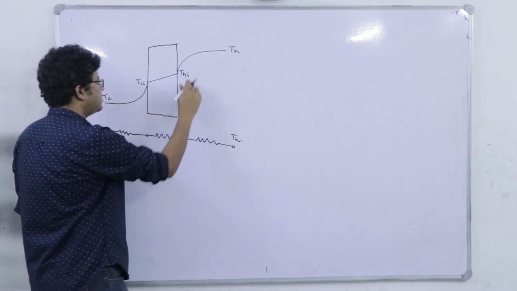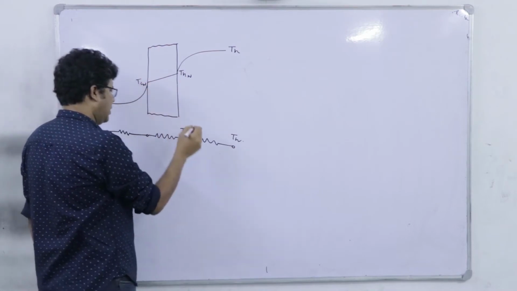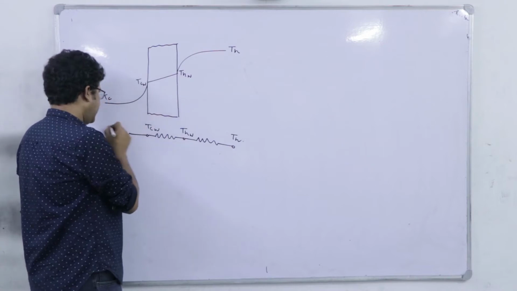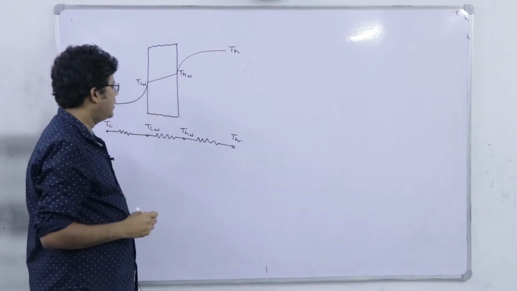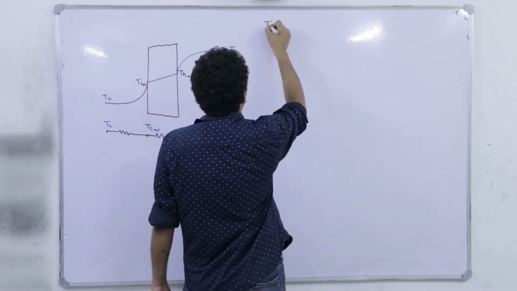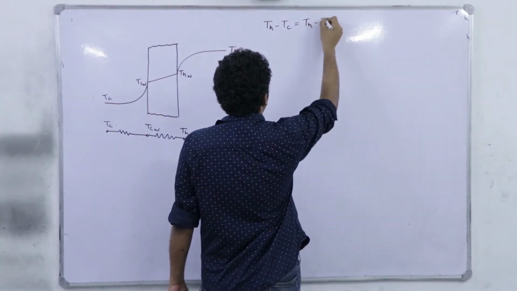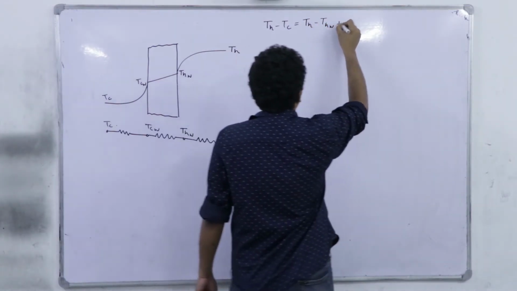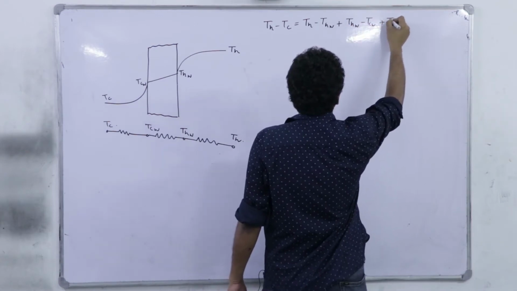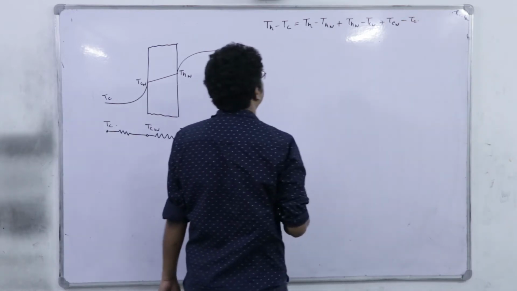So, let us write it as W because it is better, wall temperature, and here TC. So, overall temperature difference TH minus TC, we can write as TH minus THW plus THW minus TCW plus TCW minus TC, right.